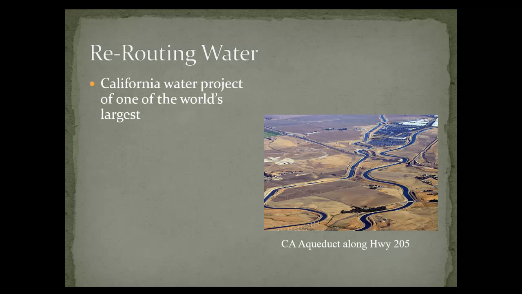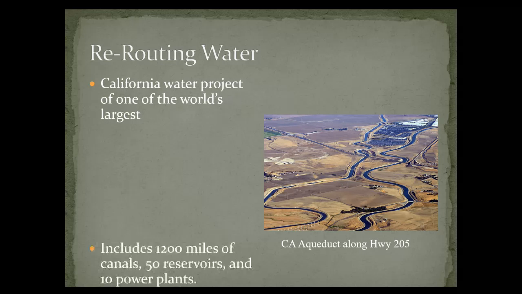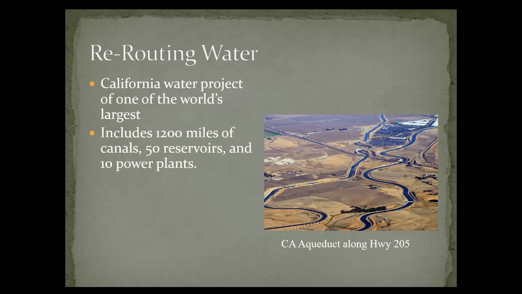So when we're looking at California, our water project, it is huge. It's 1,200 miles of canals, 50 reservoirs, and 10 power plants. So it generates a lot of power from hydroelectric dams, but it also uses a lot of water, pumping the water over mountains sometimes.